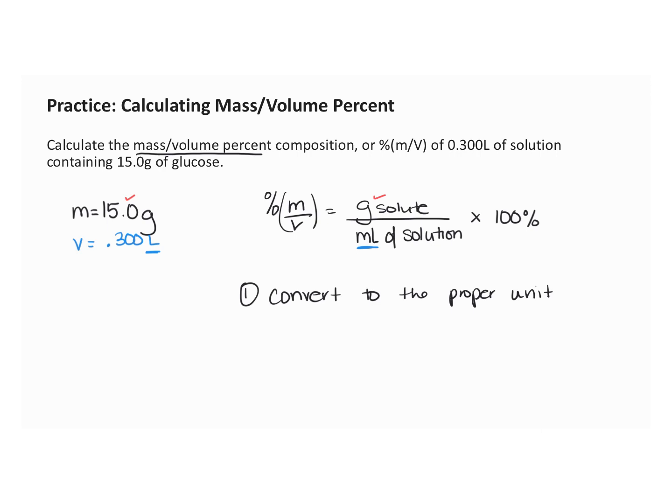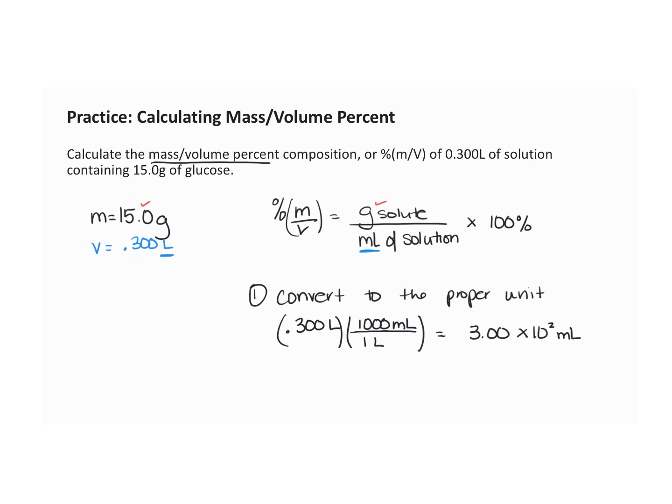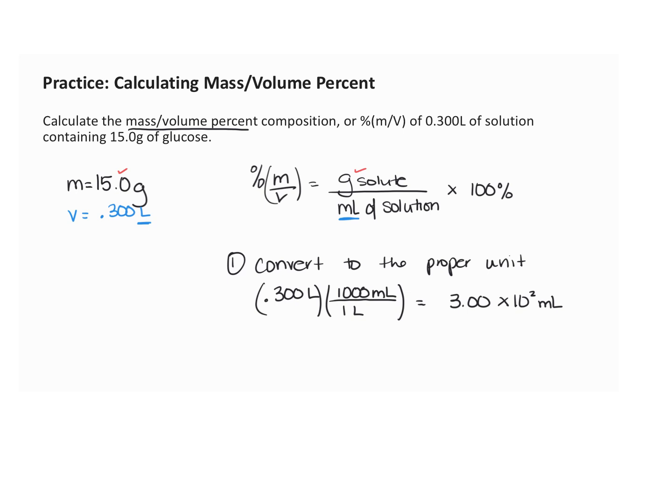Grams are already in the proper unit, but we've got 0.300 liters, and in 1 liter I know there's 1,000 milliliters. That gives me 3.00 times 10 to the second milliliters. I want to remind you, in your homework, if you put this in as 300, it will not mark it as the correct amount of significant figures. So your best bet is to do scientific notation. Now we have it in the correct units.